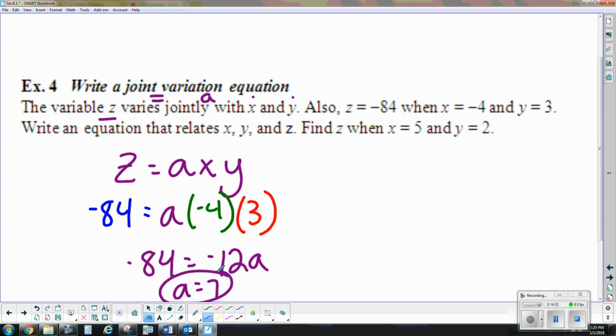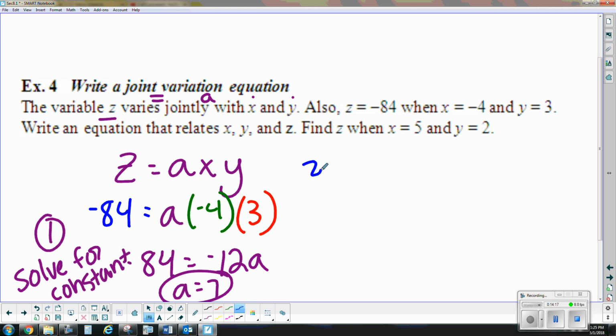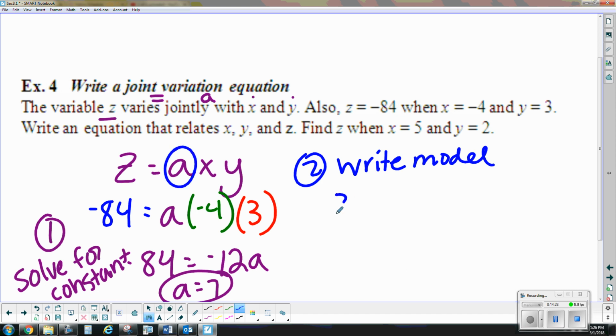Now that's not the question. It doesn't say solve for a, but this is our first step: solve for our constant. Now our second step is to write a model. So in our model, we're going to replace a with our constant. So z equals 7 times xy.